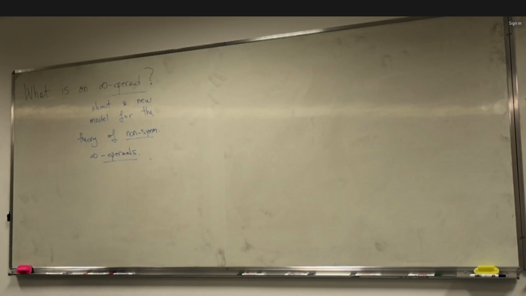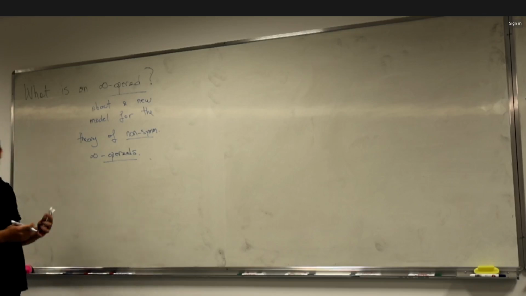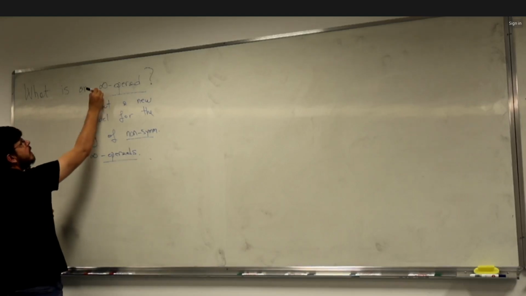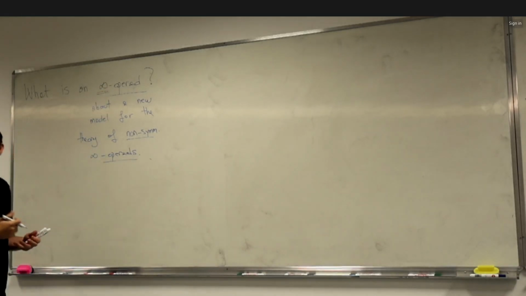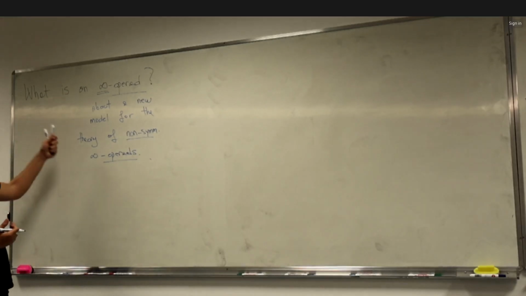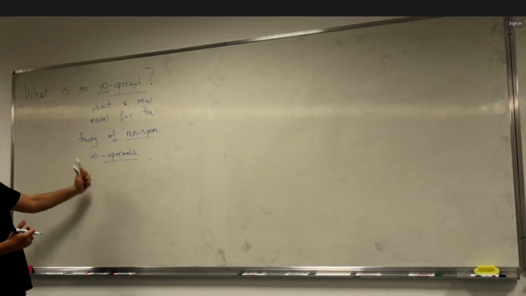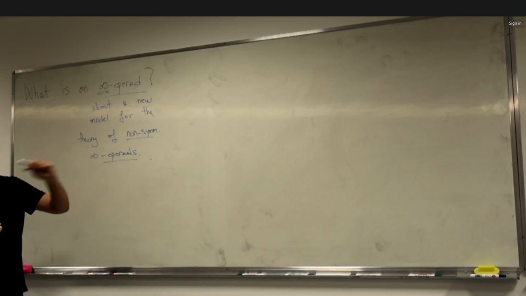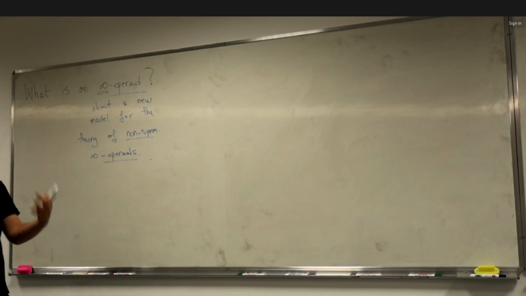So we already have an idea from Walker's lectures, for instance, or from the literature. This infinity stands for homotopy coherent structure. So what we really want is a theory of homotopy coherent non-symmetric operads. Okay, so we'll build the combinatorial framework towards that.